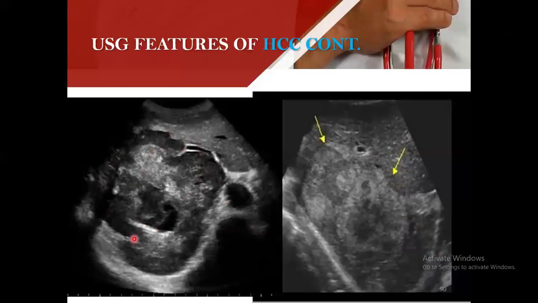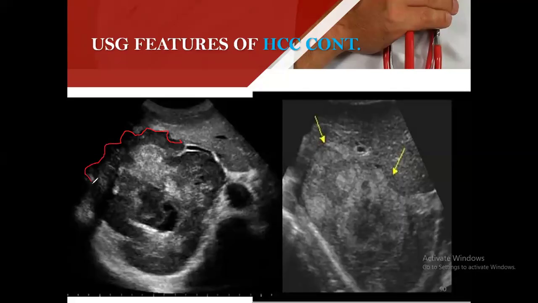So have you seen someone's liver? Have you seen these things in the liver? The moment you see this variable echogenicity, white here, anechoic here, hypoechoic here, mixed, and it is zigzag. The lesion is not well defined. You can see how it's appearing.